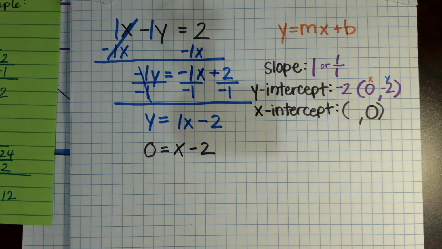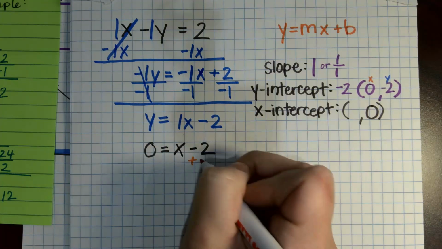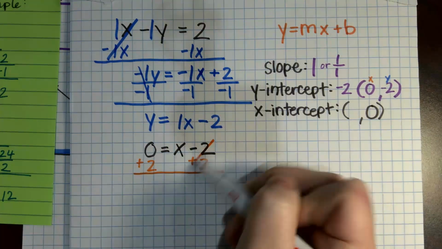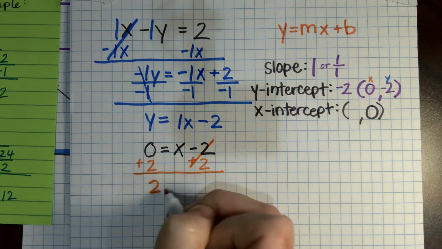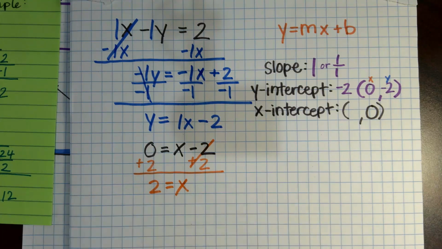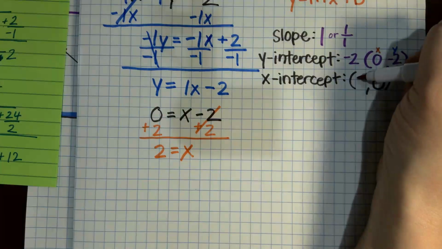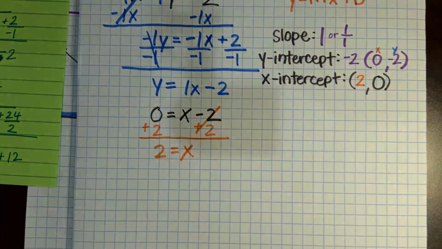You have to move the 2 so that we add 2. Yes, exactly. We would add 2 to both sides. The 2's cancel. And we found x. X is 2. So our x-intercept would be 2, 0.